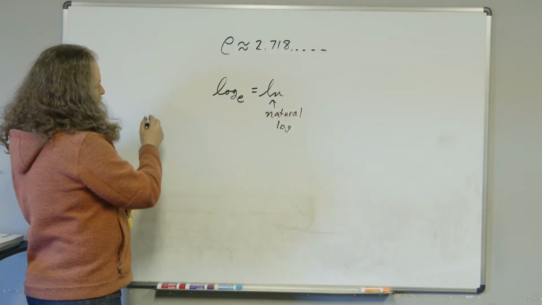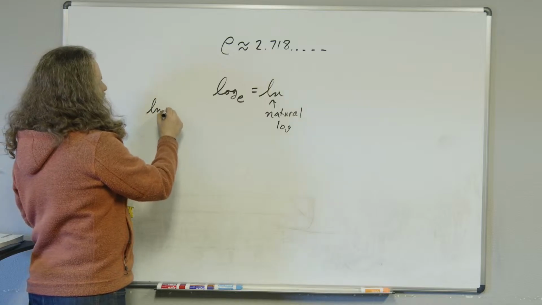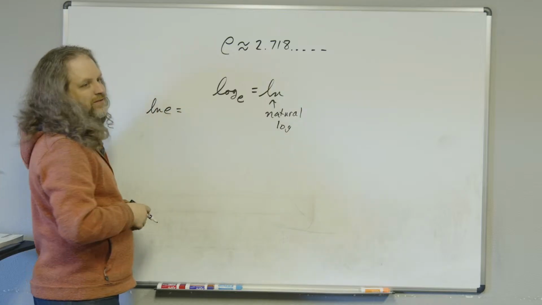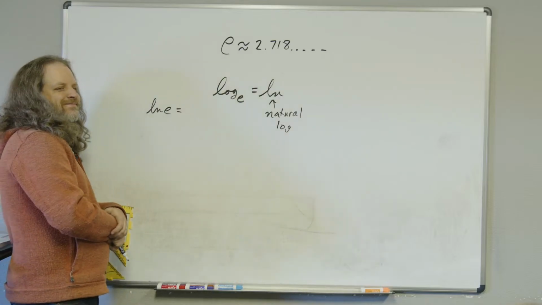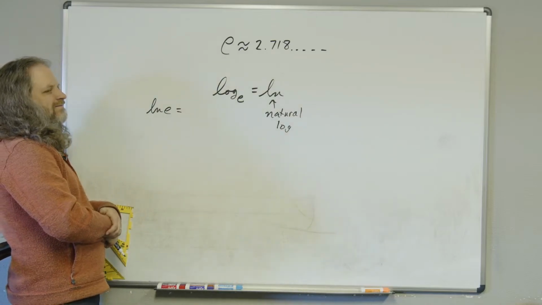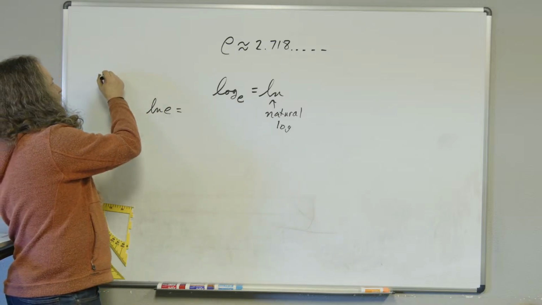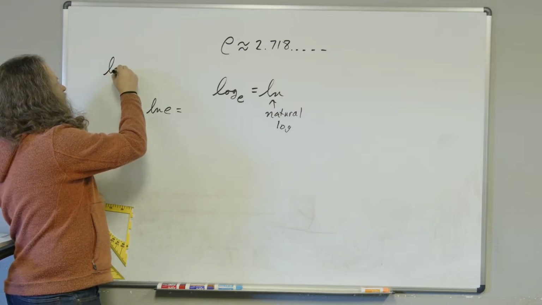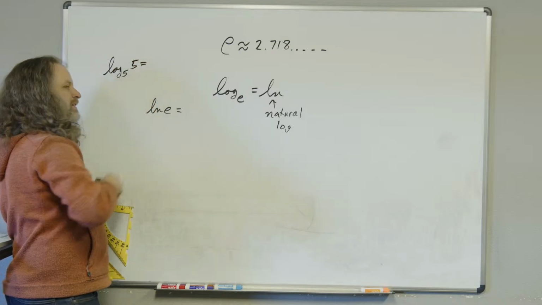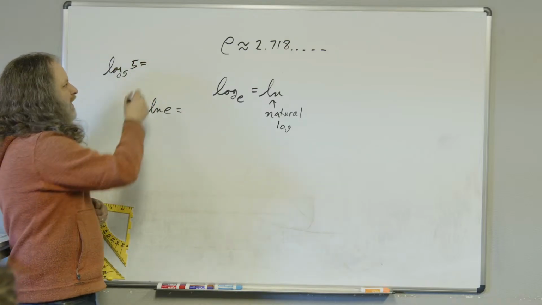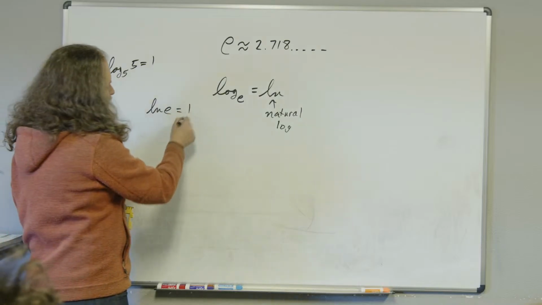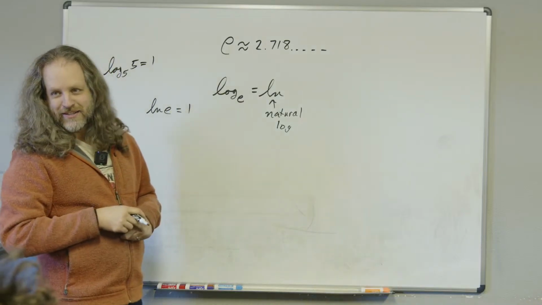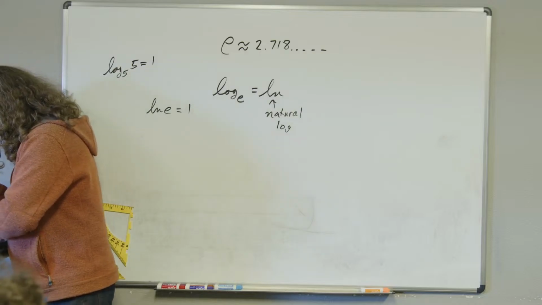And so if we have things like the natural log of E, what would that equal? If we have the log base 5 of 5, what does that equal? 1. So the natural log of E would equal 1, because the base and the argument match. Wow, isn't that cute? Great.